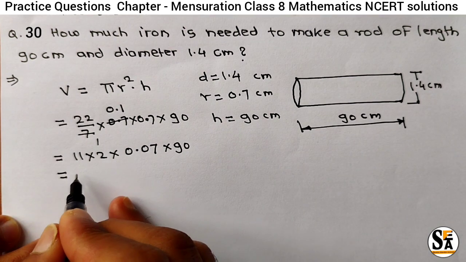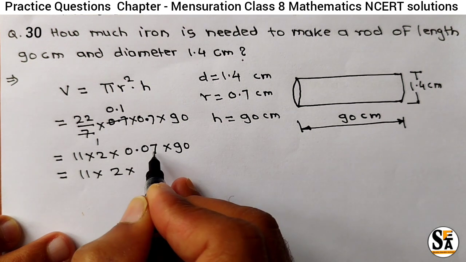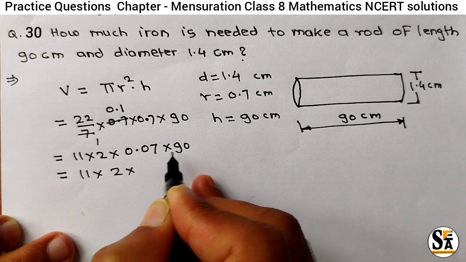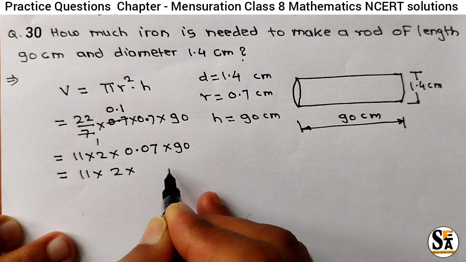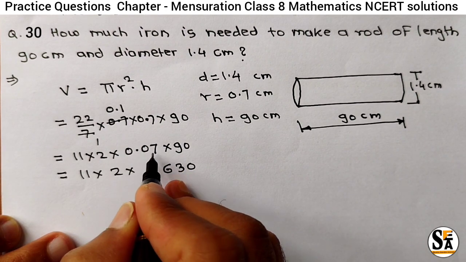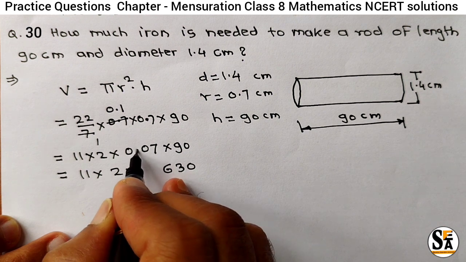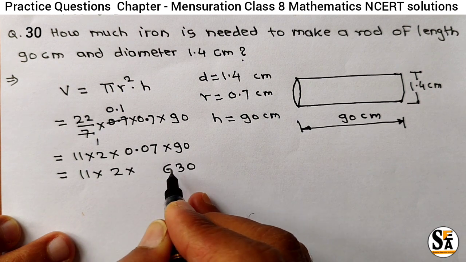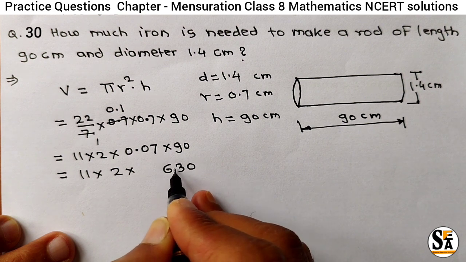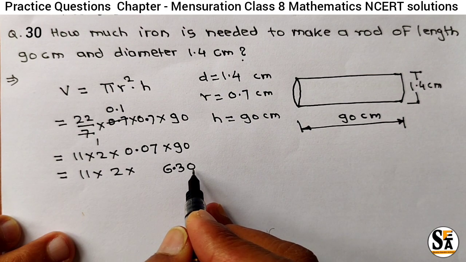Now in the next step, see here, 11 into 2 as it is, then 0.07 into 90. Take the multiplication, 9 into 7 is 63, and this is 0, isn't it? Now see here, there are two places after the decimal point, so make two places after the decimal point in the multiplication also, that is 6.3, so the multiplication is 6.30.